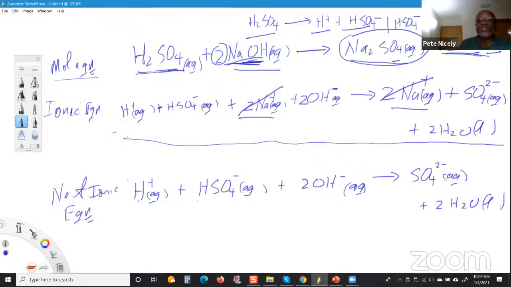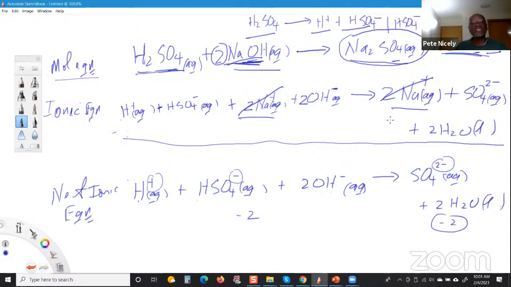Then for the charges, this plus charge here will cancel out the negative charge. So the total charge on this side is -2, and the total charge on this side is -2. You have to make sure that the charges are balanced as well. In other words, the total number of charges on the left should be equal to the total number of charges on the right.